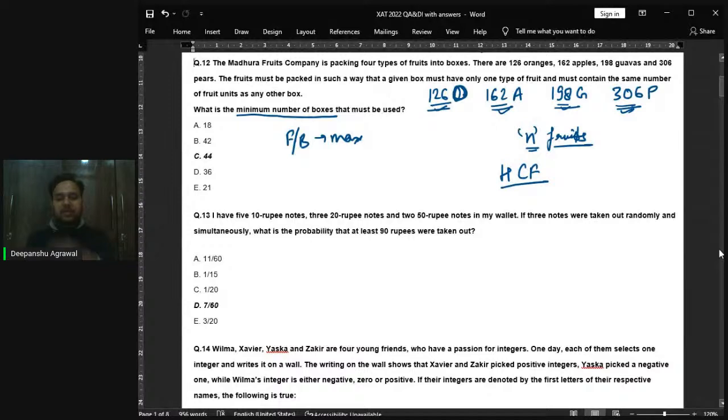It's just that it has been asked in such a tough language that you are not able to catch that after all, it's just demanding the HCF only, right? So we actually have to solve for the HCF of these four, right? And I hope you'll be able to calculate the HCF. The HCF of these four numbers would come as 44, right?